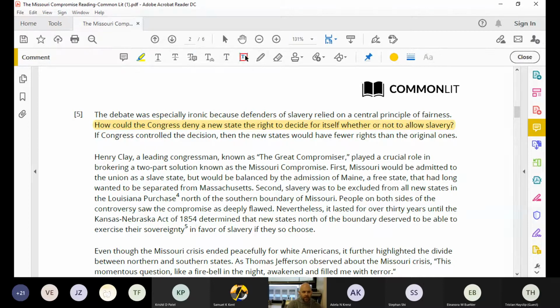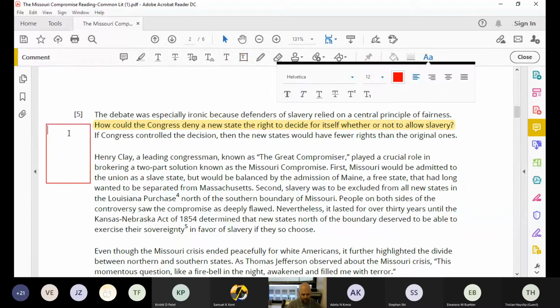So when we see this circumstance involving a state right, we are talking about a state right to decide equals what's called popular sovereignty. And this is a topic that is rooted in controversy.